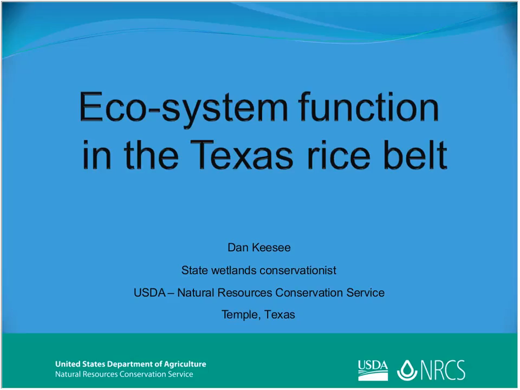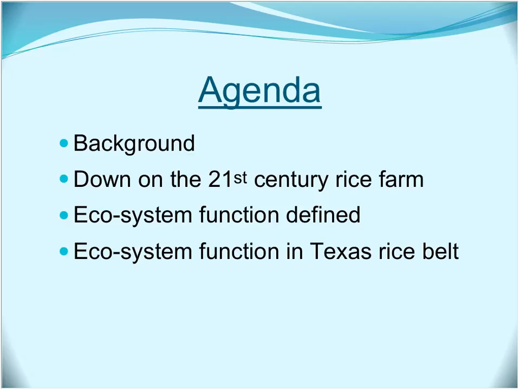So I thought we'd kind of proceed in this manner. Just a little bit of background about rice, about rice production worldwide, and then on down to the United States and in Texas.